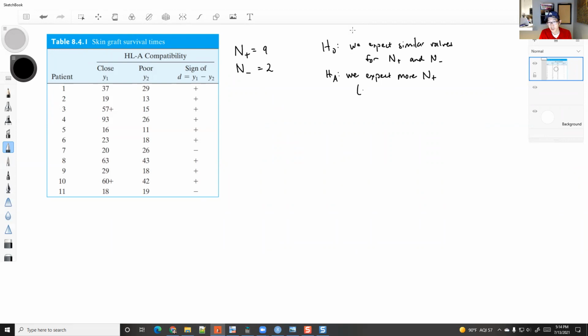That means close compatibility is going to be greater than poor compatibility. Okay, and so because we're expecting more n plus, we use n plus as our test statistic.